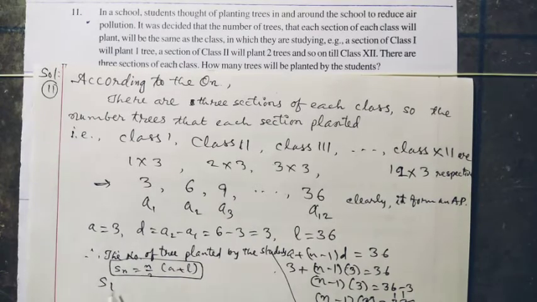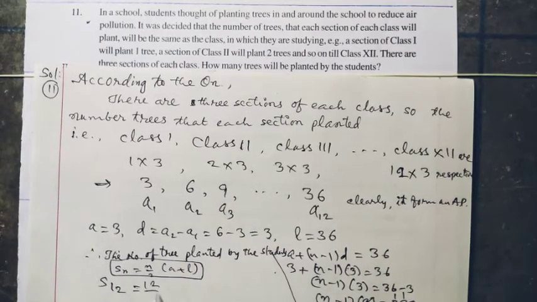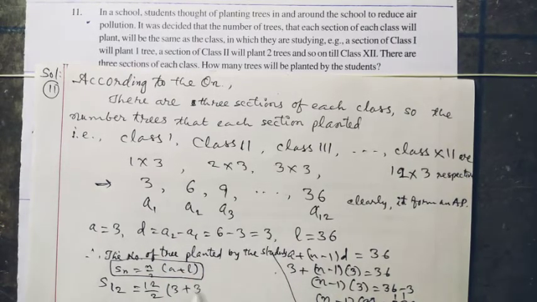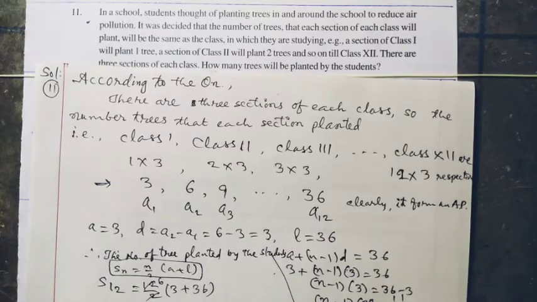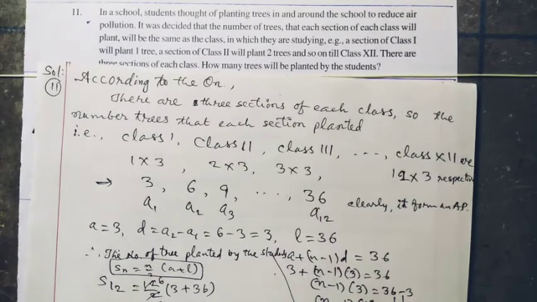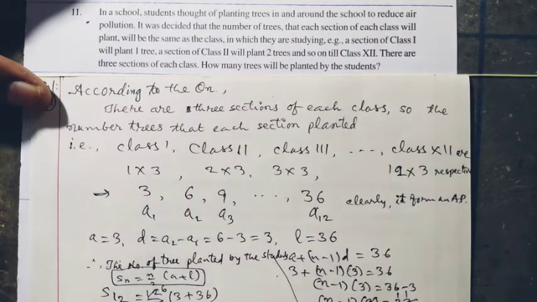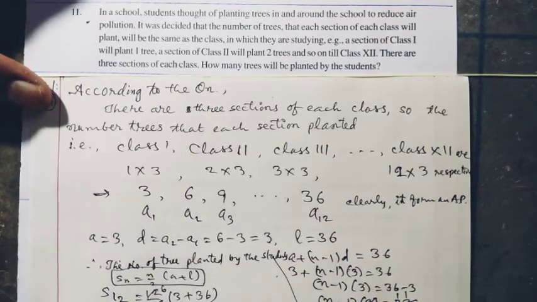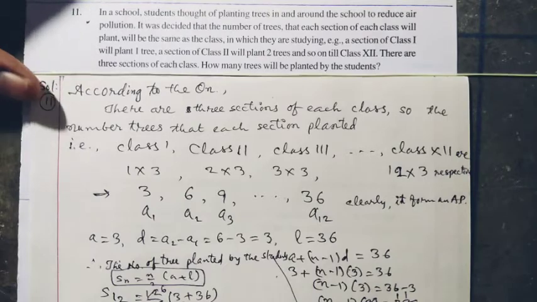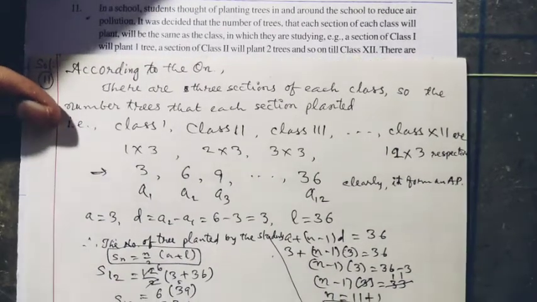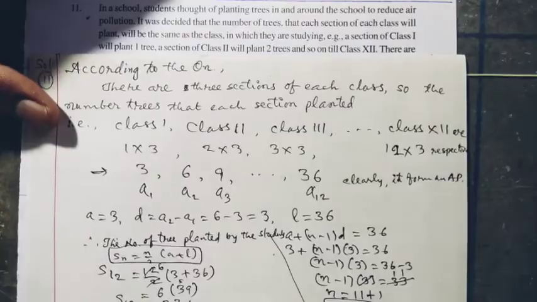So S12, we have to find S12. 12 by 2, first term 3, last term 36, so 6 into 39. 6 nines are 54, 6 threes are 18, total 234. This is the answer.